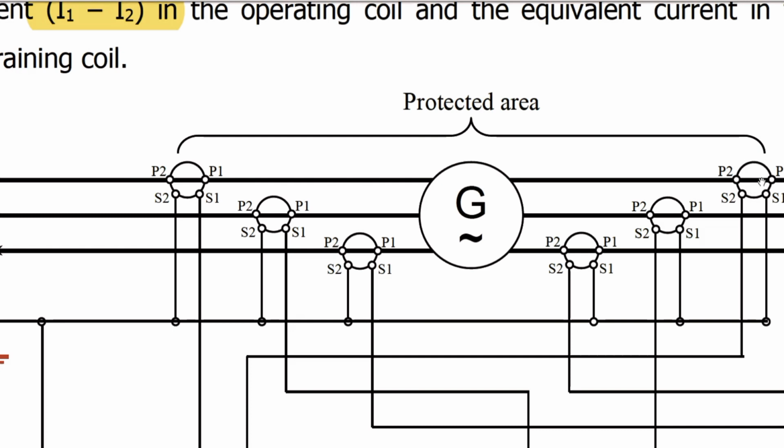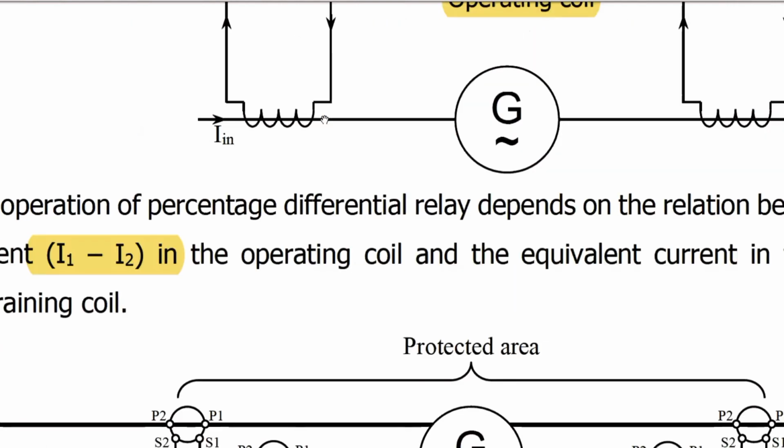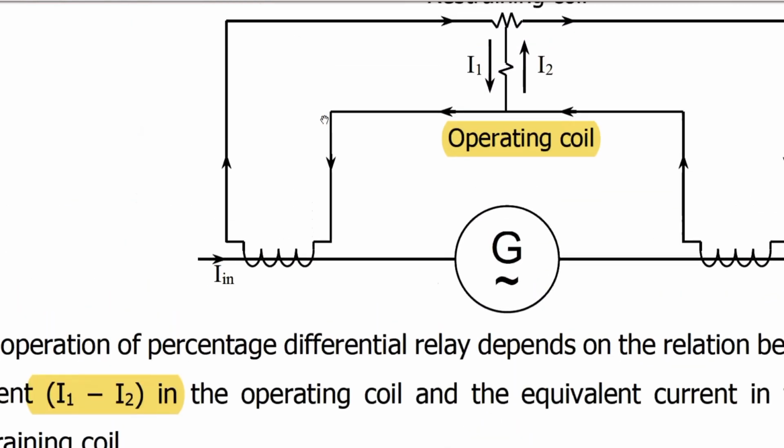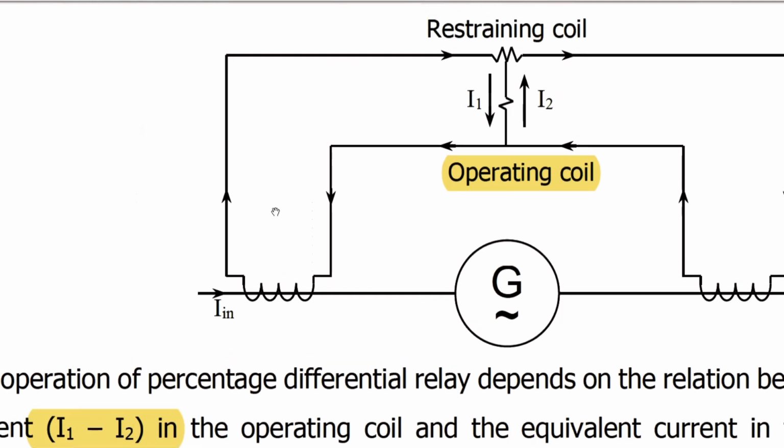It means that the output of the CT will be the same, because in one phase, either in the forward or reverse direction, the current will remain the same at both ends. So similarly, here we go back to the previous drawing. So these are the two current transformers. Okay. So here, for example, the current is flowing I in and current flowing I out.